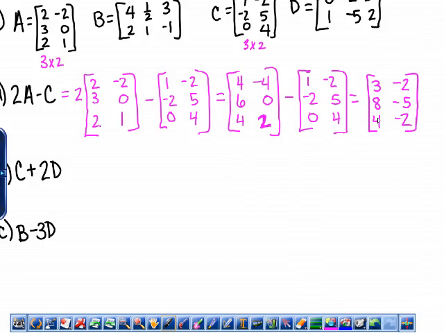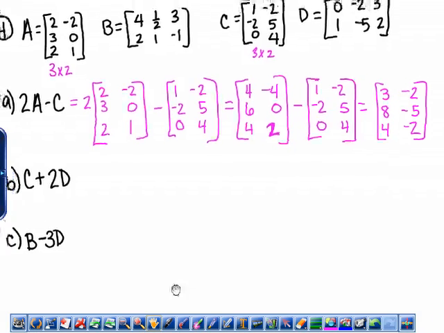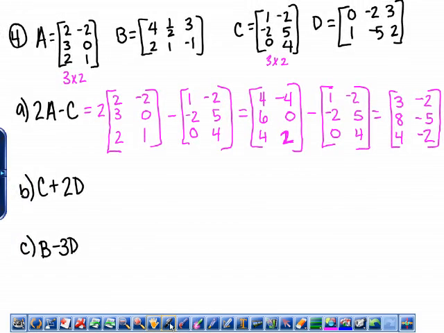Okay? All right. C plus 2D. Okay, we know the dimensions of C are 3 by 2. What are the dimensions of D? 2 by 3. So can I do this? No. Nope, the dimensions have to be exactly the same.